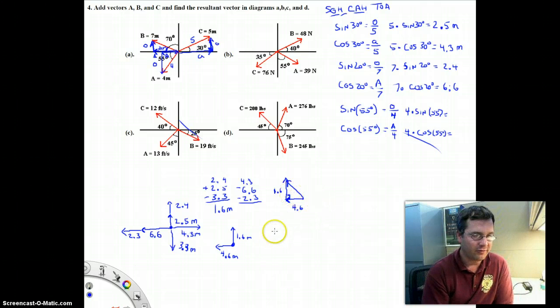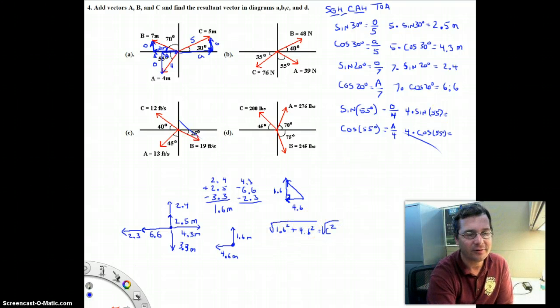So this is middle school math at this point. 1.6 squared plus 4.6 squared equals side c squared. That's the Pythagorean theorem. How do you get to just c? Well, we take the square root of both sides.